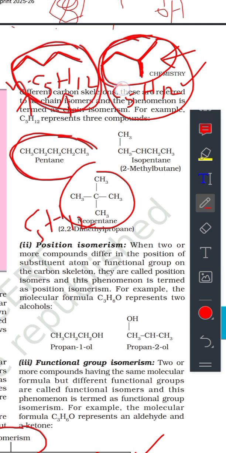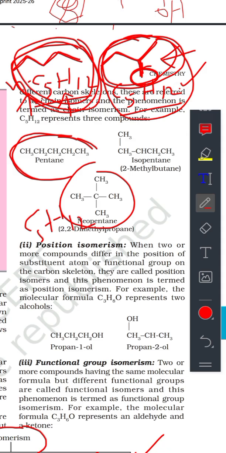Both have molecular formula C5H12, but in one the chain is straight, a single chain, while the other has one methyl branch.